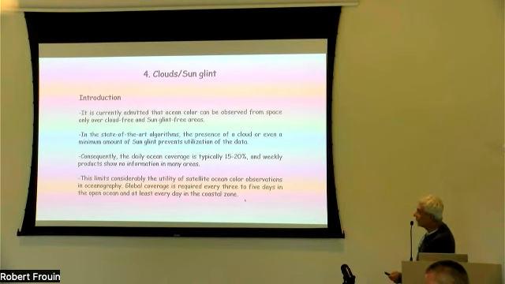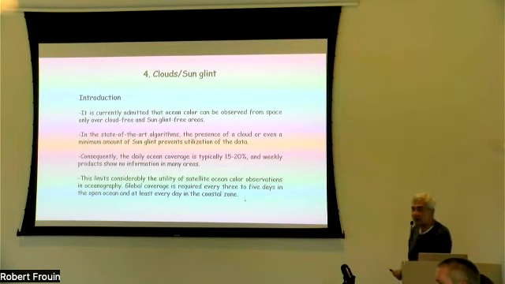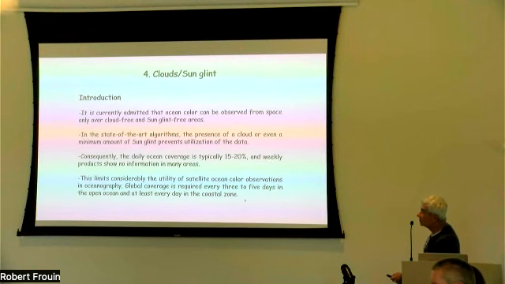So in the state-of-the-art algorithms, the presence of a cloud or even a minimum amount of sunglint prevents the utilization of the data. So consequently, what you have is like 15–20% of global coverage, and the products show no information in many areas.